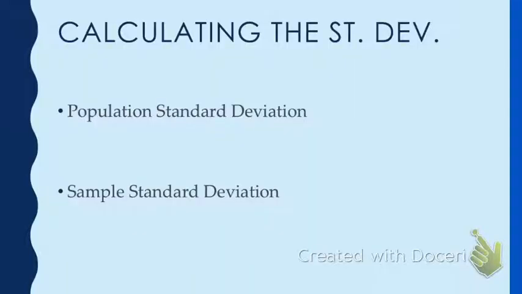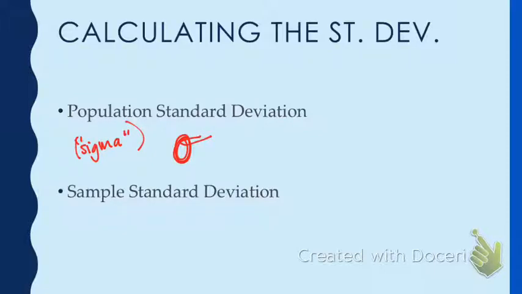When we were talking about means, the population mean was the Greek symbol mu, and the sample mean was x bar, like the English alphabet. The same thing is true here, in that the population standard deviation is the Greek symbol sigma, which is a lowercase s in Greek, and it just looks like a little O with a curl.